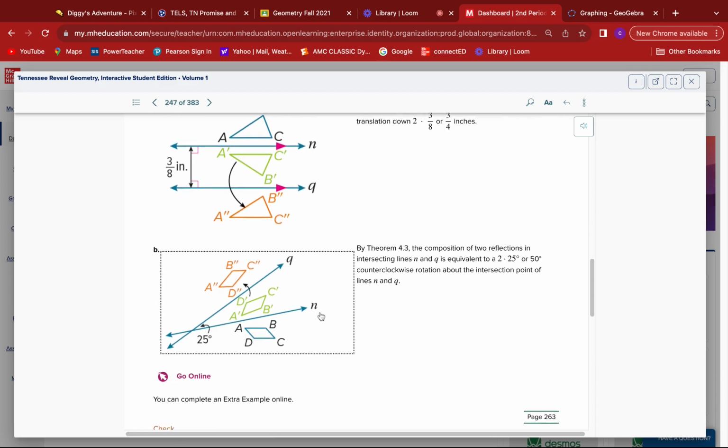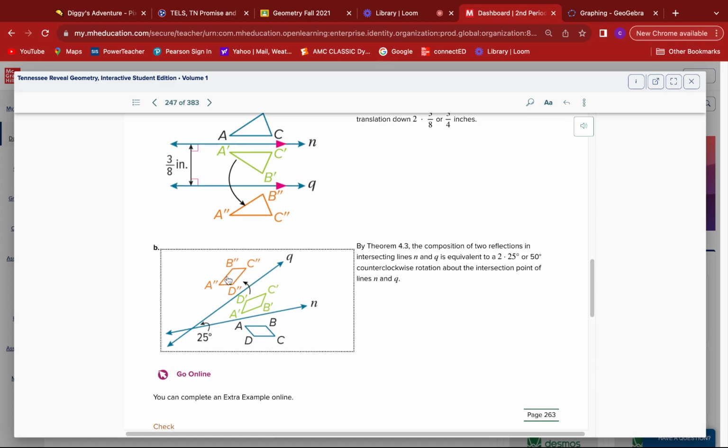Now we've got what looks like a parallelogram maybe. I am reflecting across line N and then reflecting it across line Q. A double reflection is a rotation, and that's why A and B lead the way going this way after the double. So 2 times 25 degrees would be 50 degrees rotation.